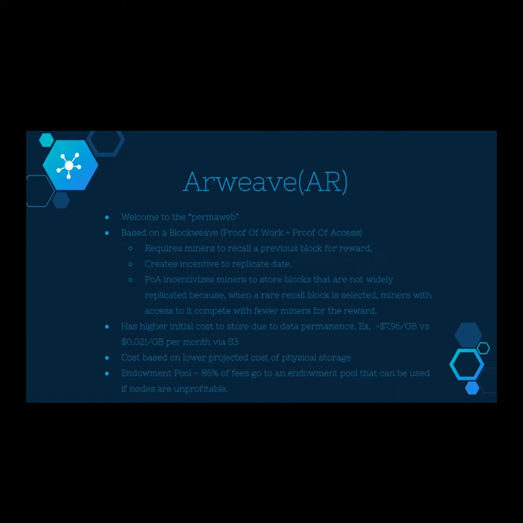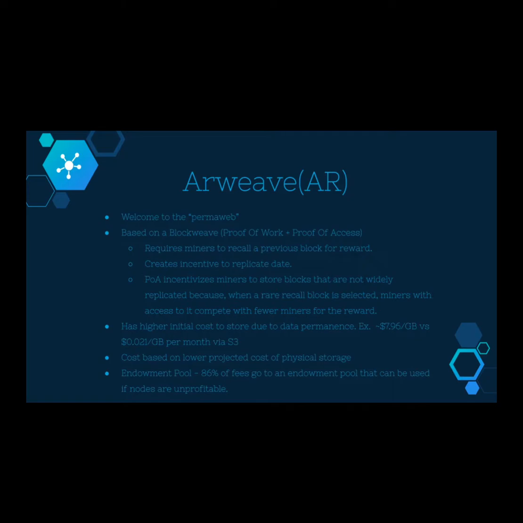So it's based on what they call a blockweave, which has a proof of work mechanism built into it. But along with the proof of work mechanism, they incentivize miners to replicate data by rewarding them for being able to retrieve data that is considered rare in the network, right?